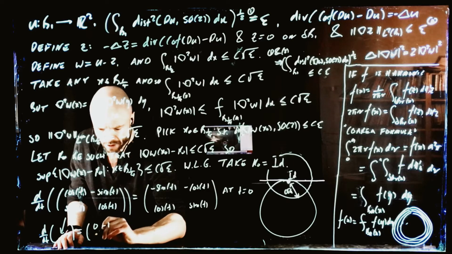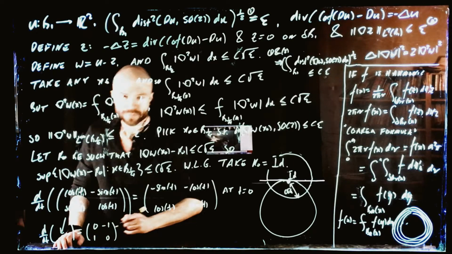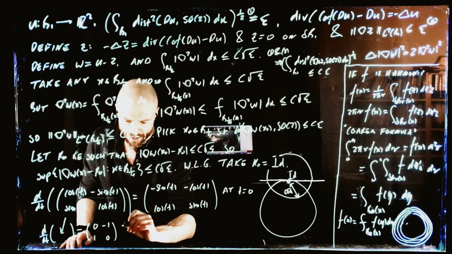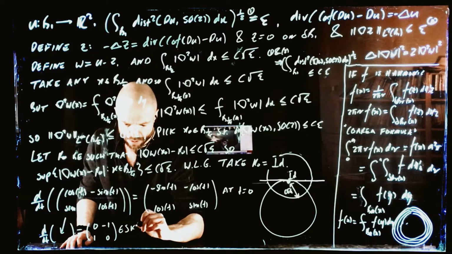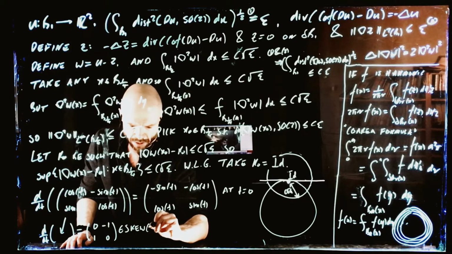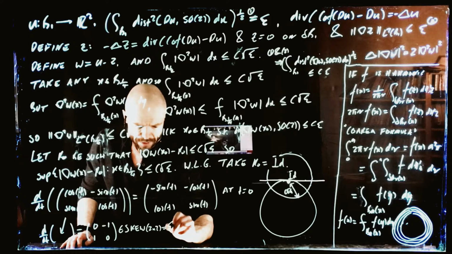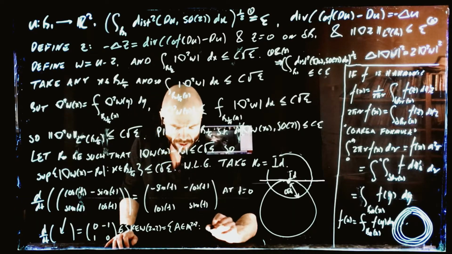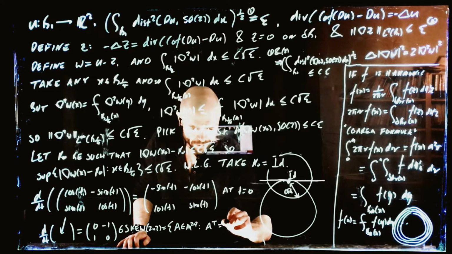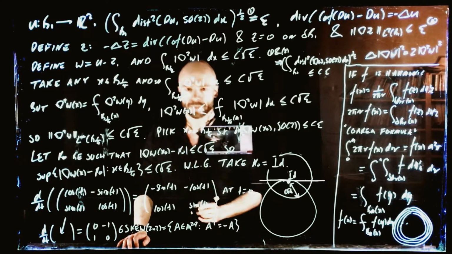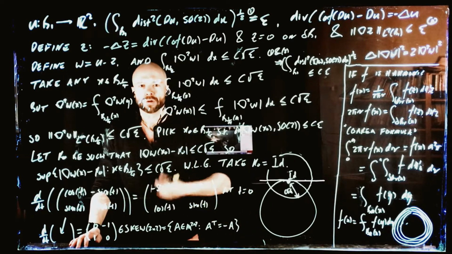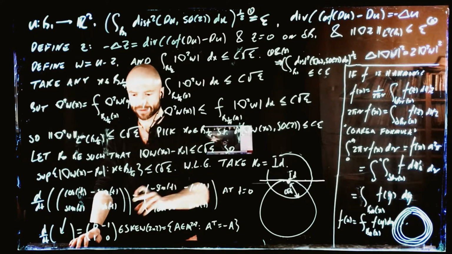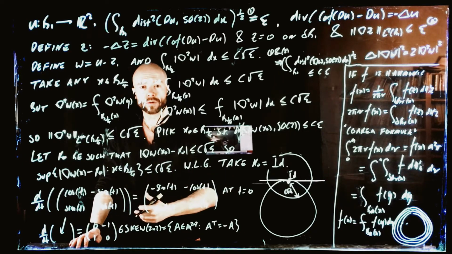It's this thing, 0, minus 1, 1, 0, which belongs to skew 2 by 2, the set of all matrices belonging to 2 by 2 such that when we take the transpose it is equal to minus the matrix. That's what we call a skew-symmetric matrix. If you take the transpose of this thing, then it's minus what it was before.